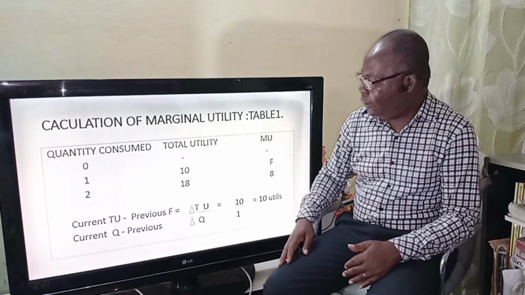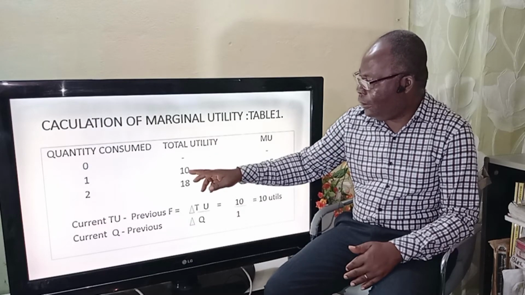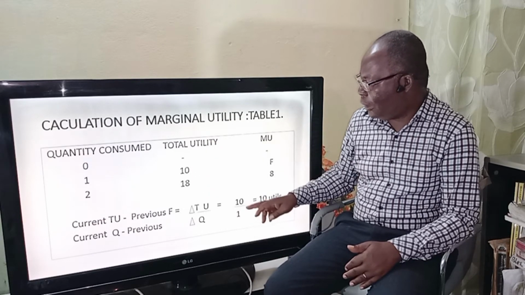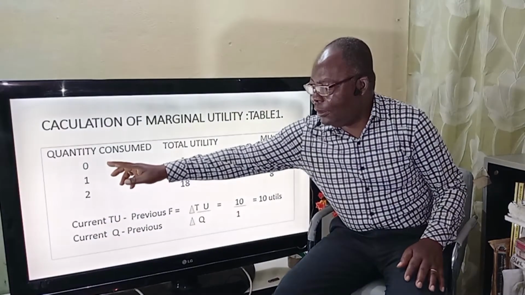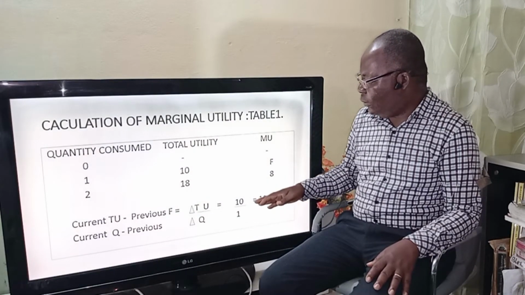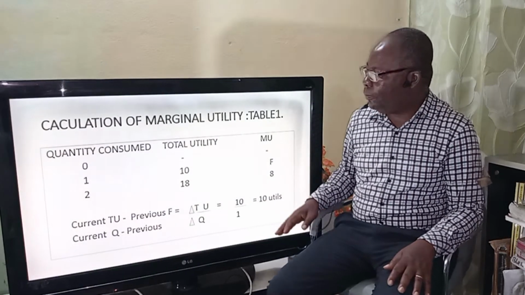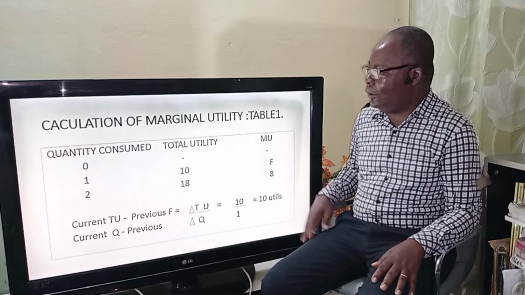So in this case, when you start with total utility, you realize that you have 10 minus nothing. So that gives you 10. And then we have 1 minus 0. That also gives you 1. So the answer for F, marginal utility, is 10 utility.